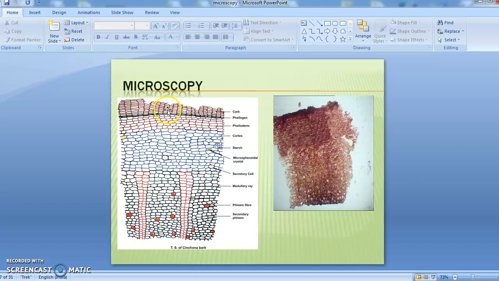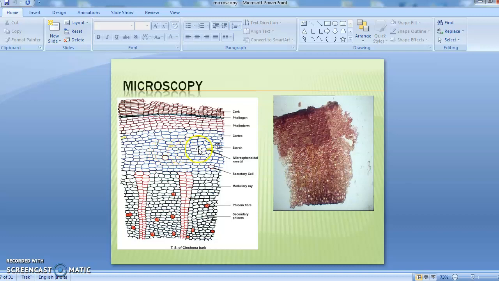Below these are the layers from the outer to inner. Then this blue color indicates the cortex of that TS. This cortex is wide and consists of many layers, and these are tangentially elongated. The wall is made up of cellular parenchyma.